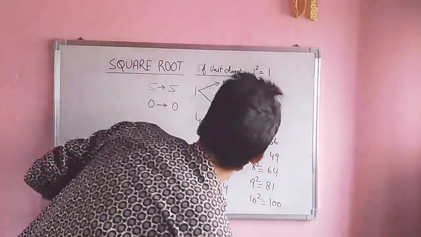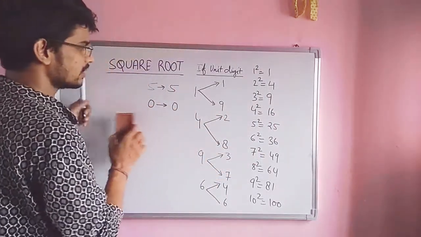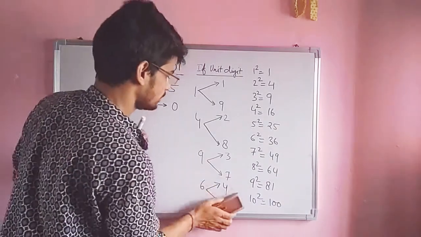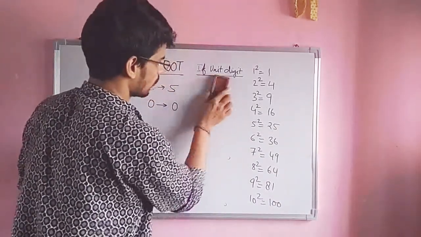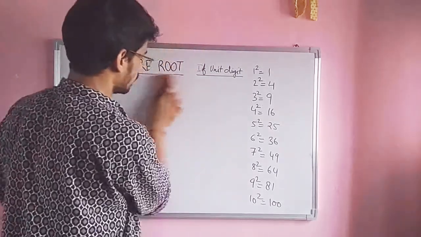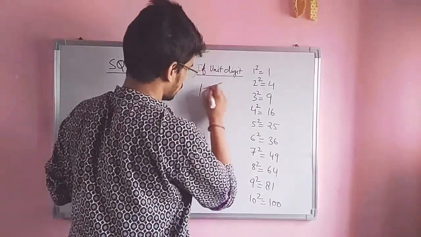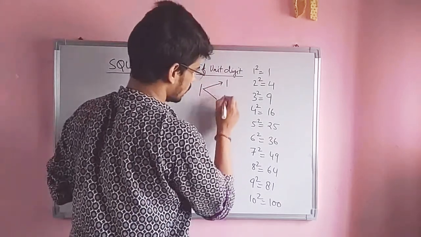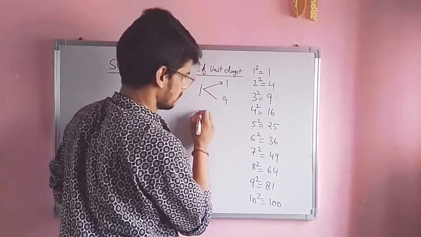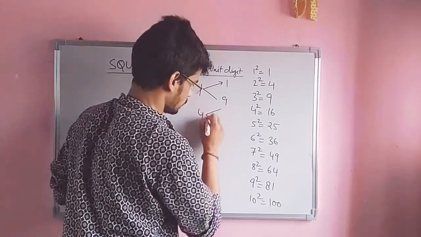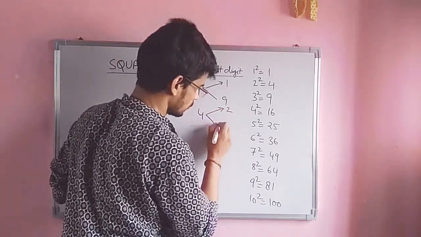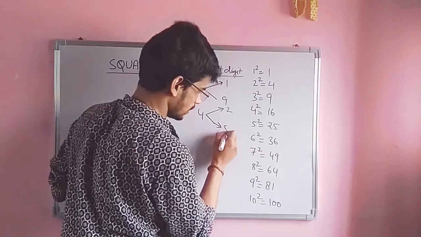Let's note it down in short. 1 gives 1 and 9. 4 gives 2 and 8.